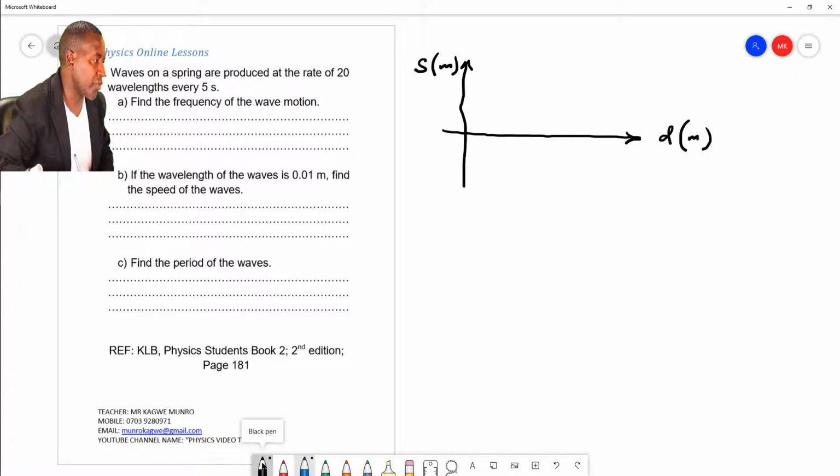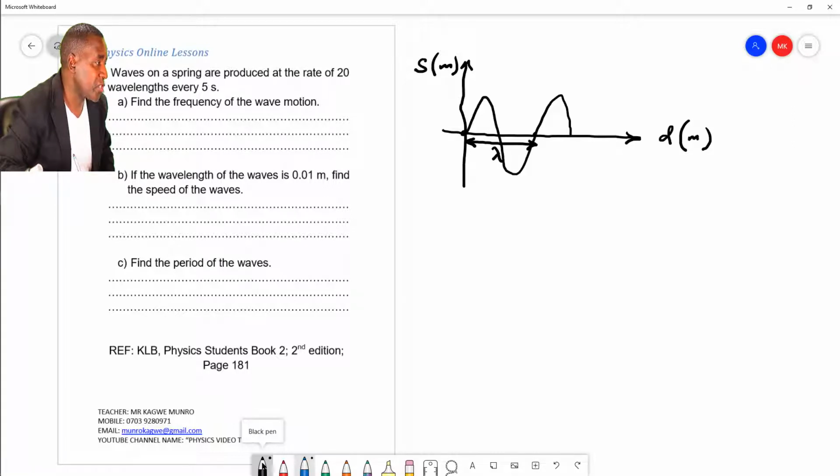So when we draw a wave like that, from here to here, it will be a complete oscillation. And the physical quantity I get along the x-axis, which has the units meters, must be the distance covered by the wave when the wave makes one complete oscillation, and that distance must be equal to the wavelength.